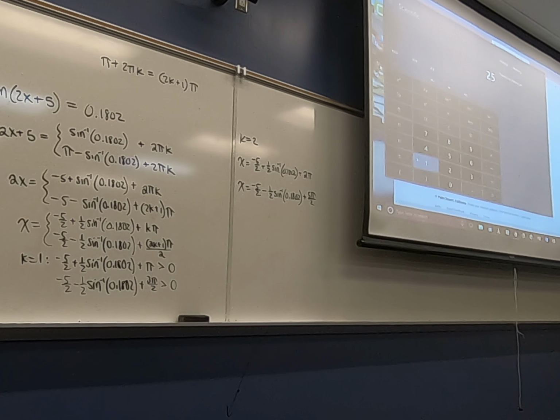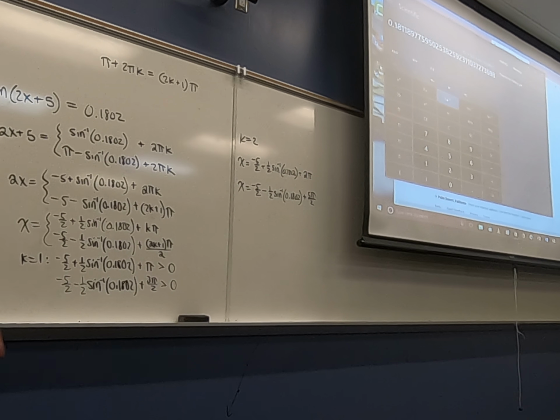2.5, make it negative. Add 0.5 times, and then 0.1802 inverse sine. Okay, can you see that it's correct?